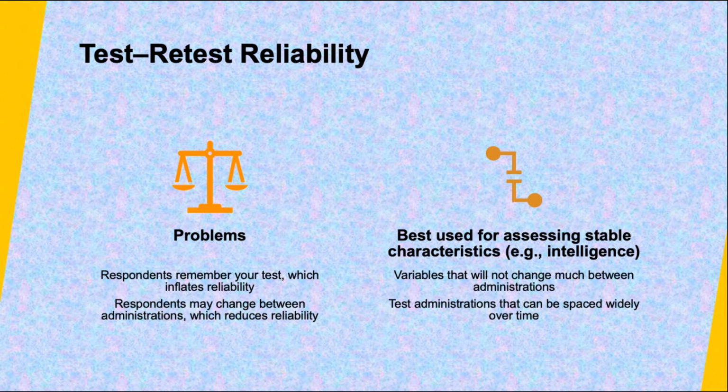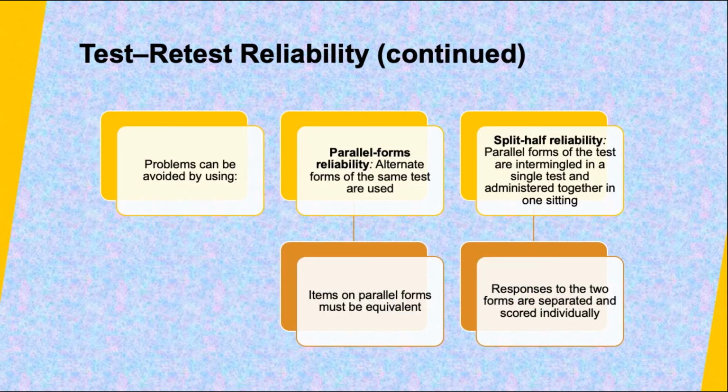The variable being assessed by the test is unlikely to change much between administrations, and administrations can be spaced far enough apart that participants are unlikely to remember much about their previous responses to the test. Another drawback or problem, remembering of previous responses, you can avoid by assessing parallel forms reliability.